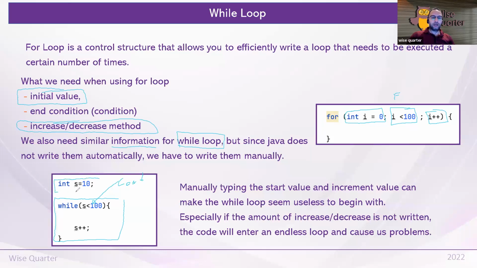You need to set a starting number before the while loop if you want to use it in a similar way. And the condition should be written between brackets. And as you can see, we should also increase or decrease the value inside the while loop. If you write the increment or decrement before the loop, it won't be used.